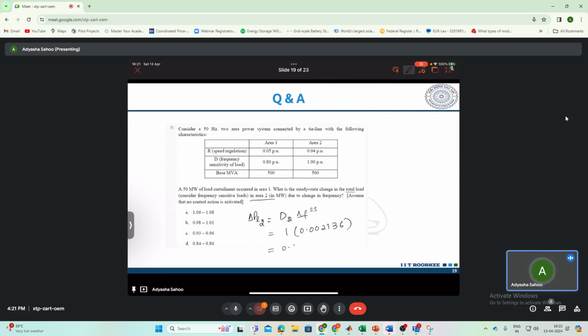So that is 0.002136 per unit, or 1.068 megawatt. That is option A.